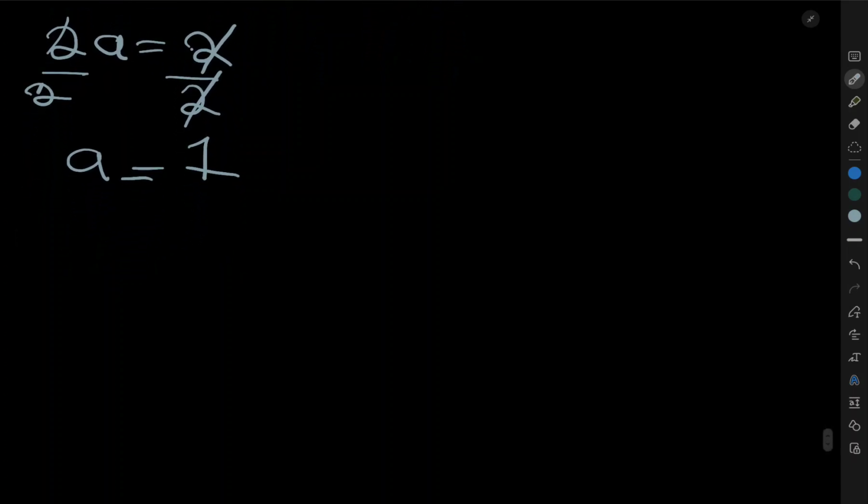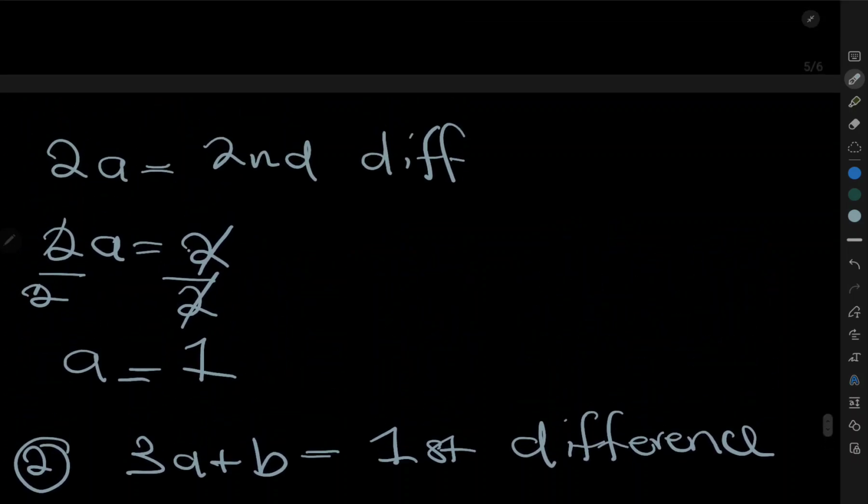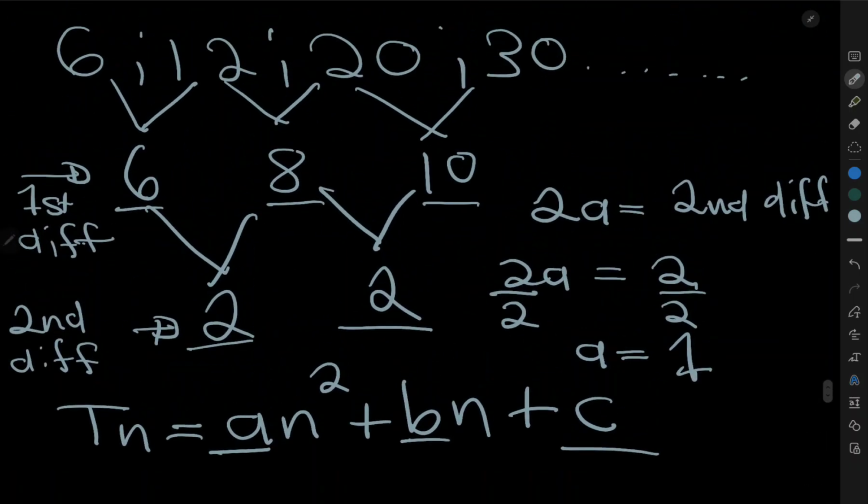How do we determine the value of b? The second step is to say 3a plus b is equal to the first difference. Well, hold on. The first difference wasn't really constant, right? We found 6, 8, and 10.